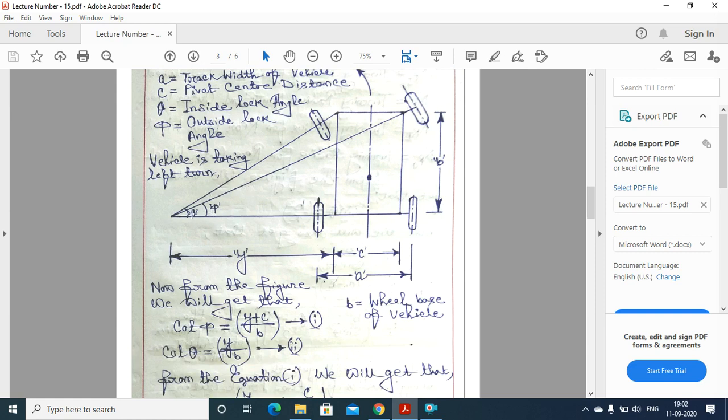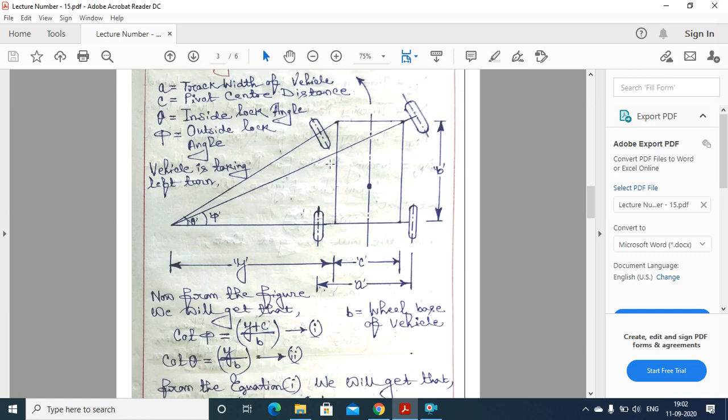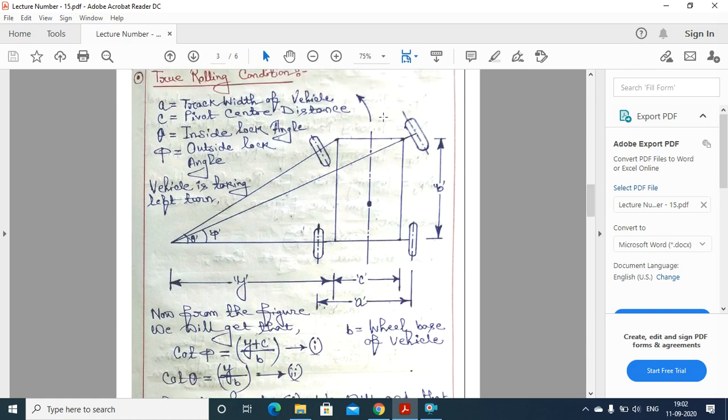So here you can see theta is the inside lock angle when the vehicle is taking a left turn, and phi is the outside lock angle, because this angle is made with the outer side wheel. That's why this angle is known as the outside lock angle.